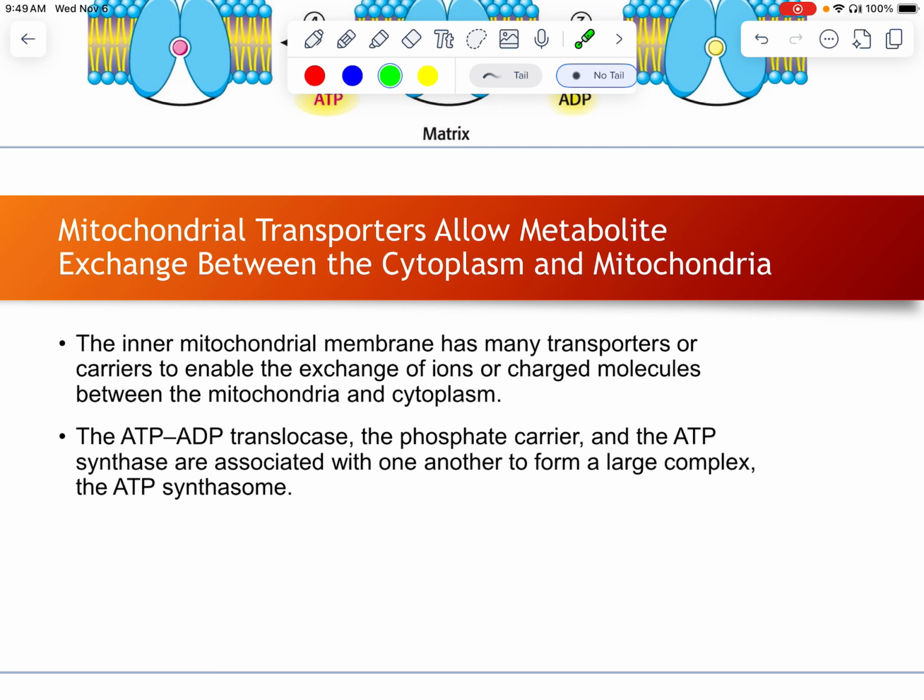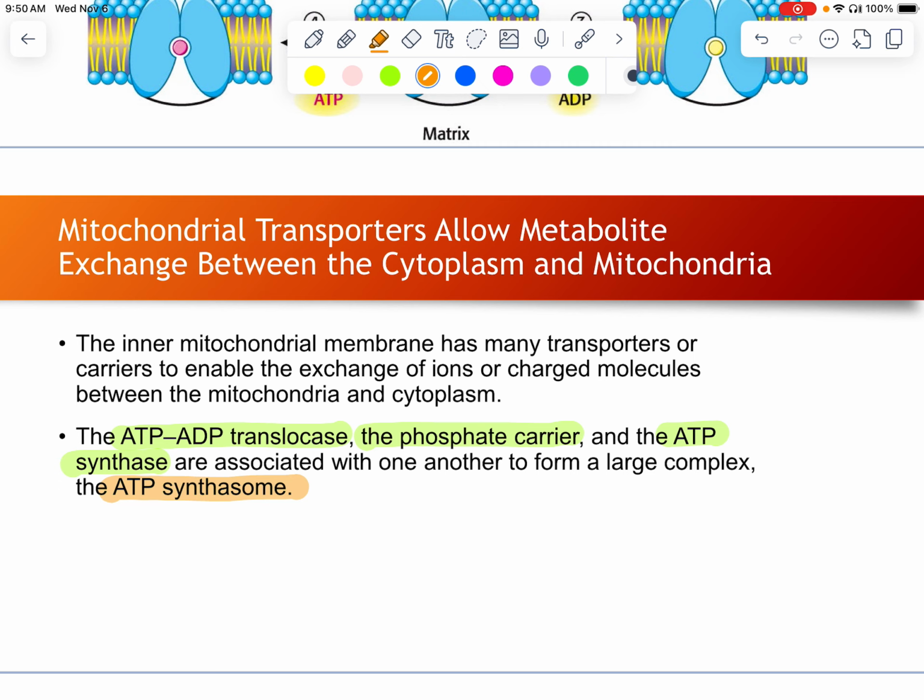One thing I want to point out here is that the ATP-ADP translocase, that one we just looked at, the phosphate carrier, and the ATP synthase are associated with one another to form a large complex, the ATP synthasome. We already looked at how ATP synthase formed dimers and how that influenced the shape of that inner membrane.